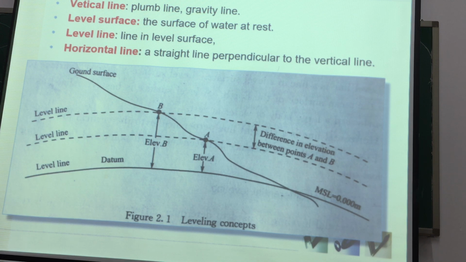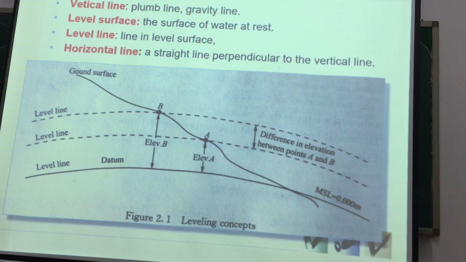Okay. So second is the level surface, the surface of water at rest. At one position, for this one point, we have innumerable level surfaces. Only one of them is the geoid.